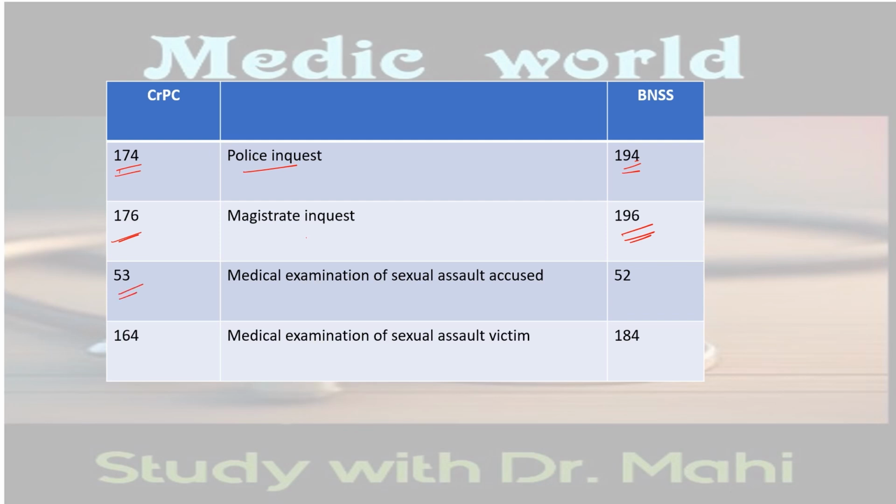Now 53. 53 was medical examination of sexual assault accused. Okay. Now it is decreased by 1, that is 52. 164 was medical examination of sexual assault victim. And 184. 4 is constant and 18 is there. So 184. We have to learn it.